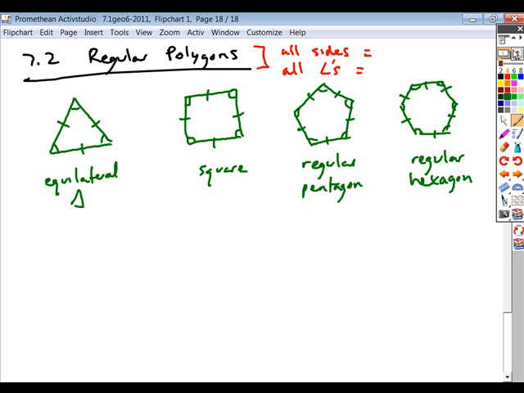Okay. A couple things regarding regular polygons to be aware of. One, if you're sketching these, easiest thing to do would be to plot points to represent the vertices and then just connect them. So if I wanted you to sketch a regular decagon, how many sides are you going to need? 10.